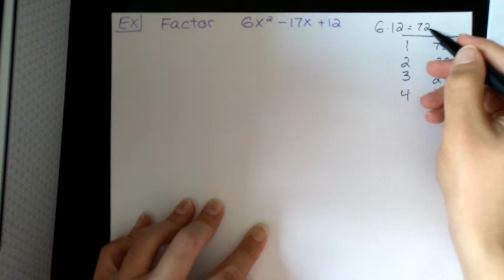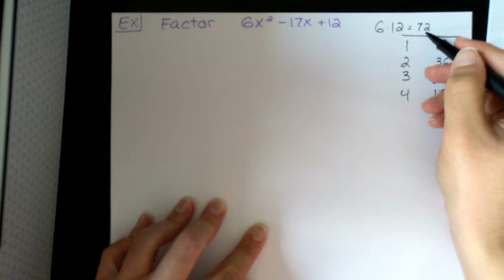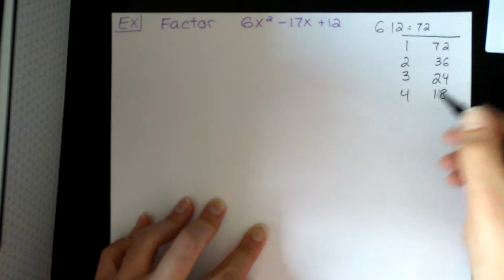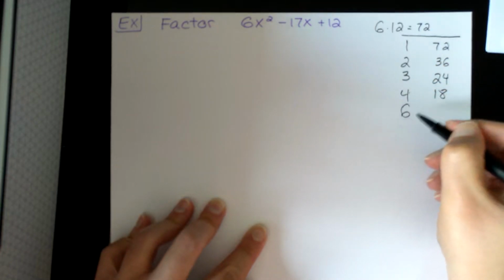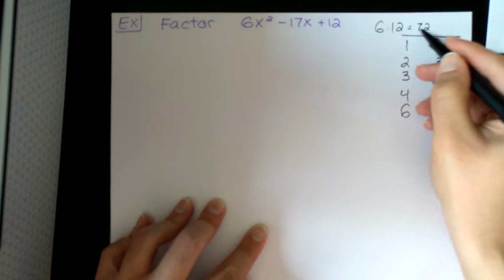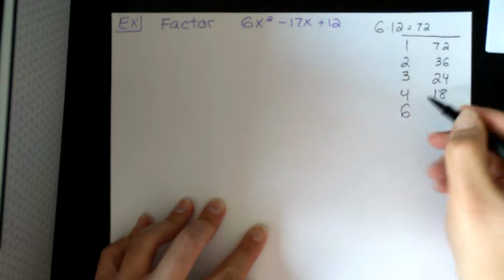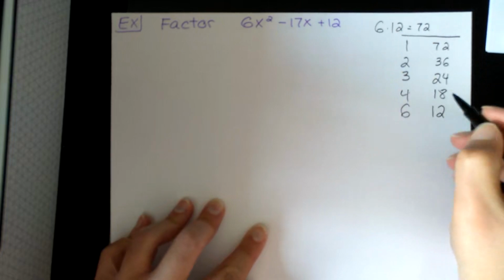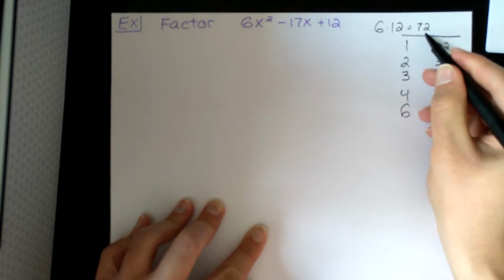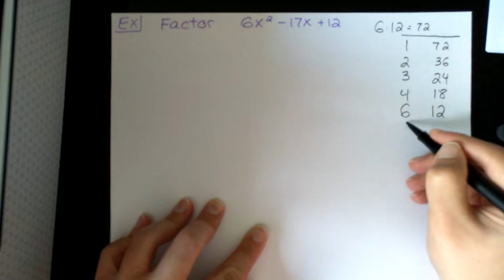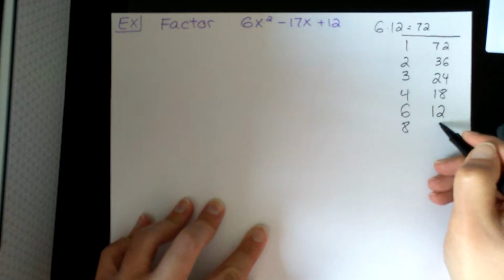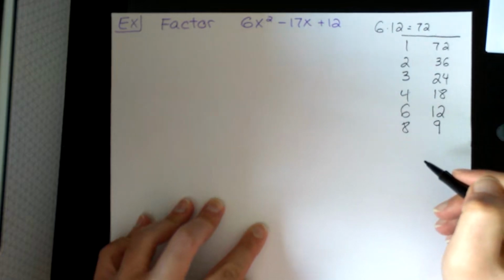From here, 5 does not go into 72 because it doesn't end in a 0 or 5. So we go to 6. We know 6 goes into 72 12 times because we just multiplied them together. 7 does not divide into 72, but 8 does. And it goes in 9 times.